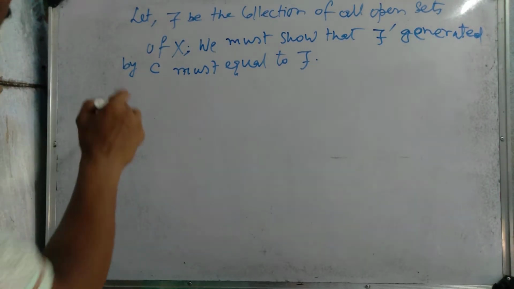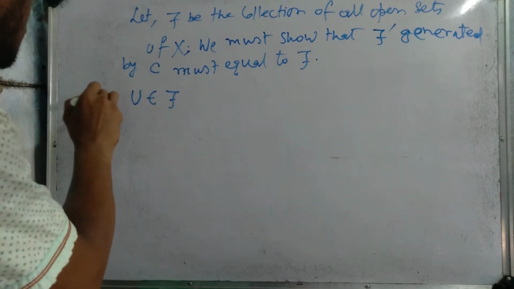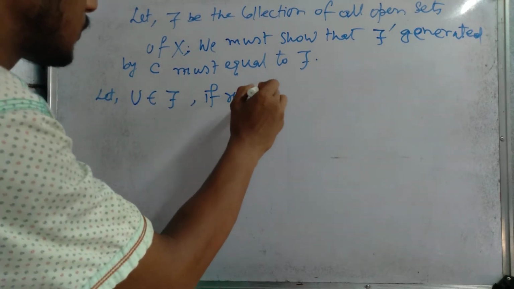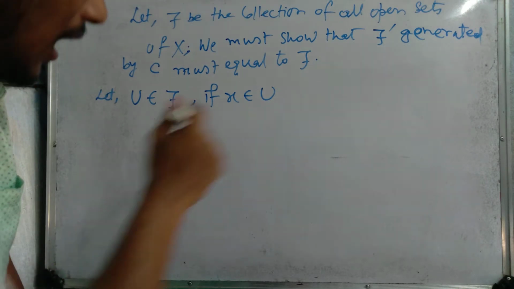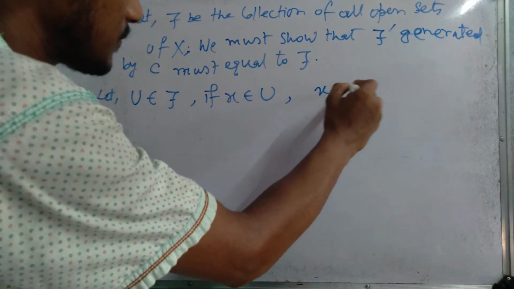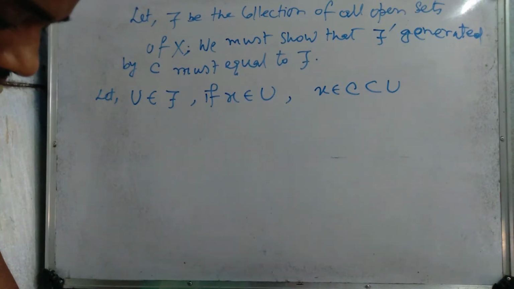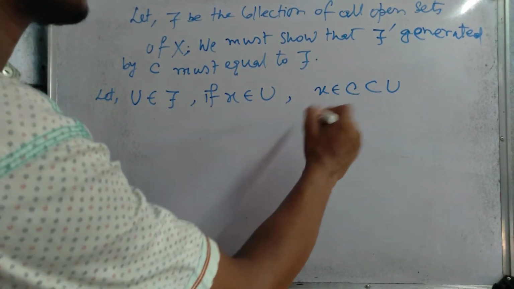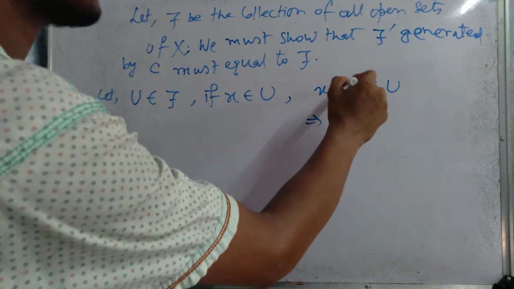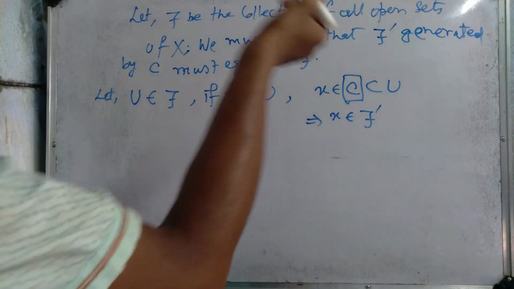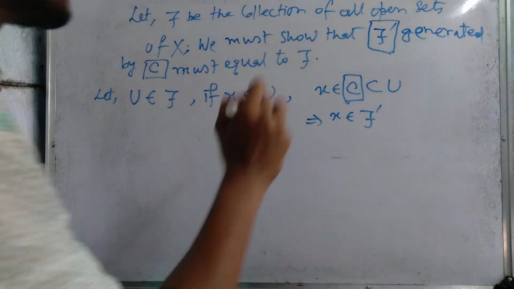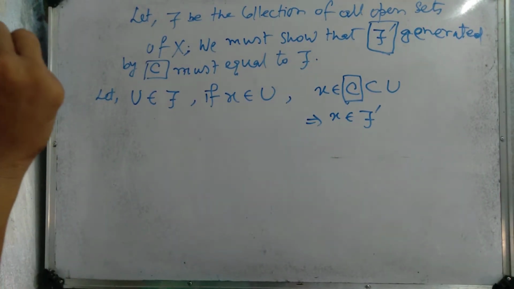First we consider: let U belong to tau, some open set U. If x belongs to U, by hypothesis x belongs to C subset of U. It follows that x belongs to tau dash, because x belongs to C and C is an open set which generates the tau dash topology.